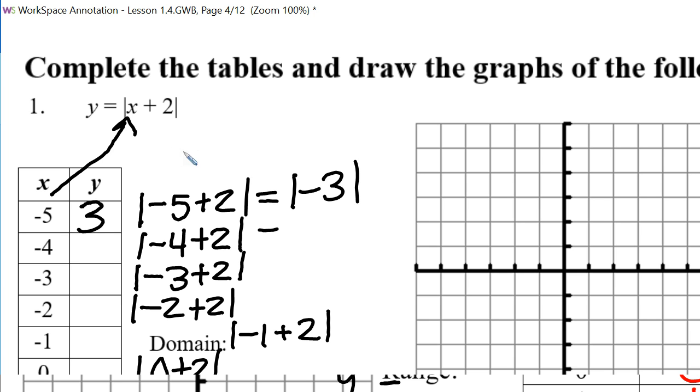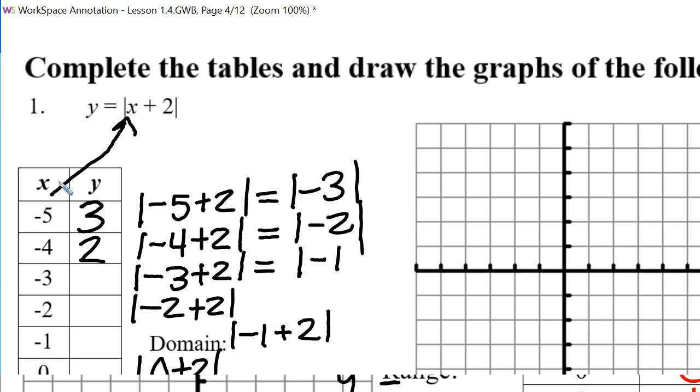Next one, inside the grouping symbol, what's negative 4 plus 2? Negative 2. And what's the absolute value of negative 2? 2. Next one was negative 3 plus 2. Negative 1.